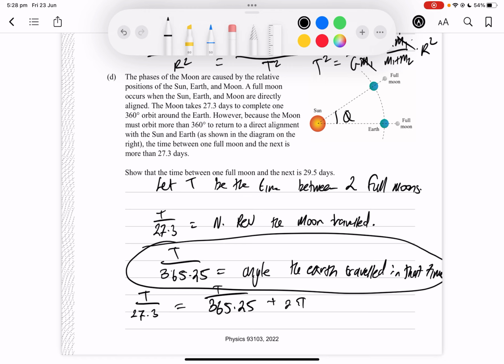And now really it's just a matter of rearranging to find t. So we have, just get a calculator, don't mind me, give me a moment.